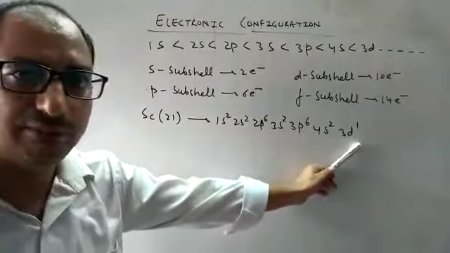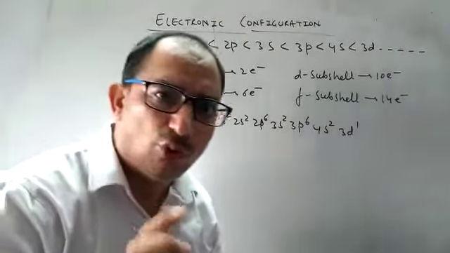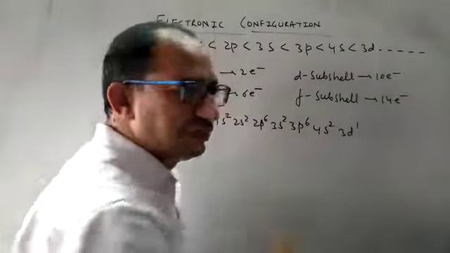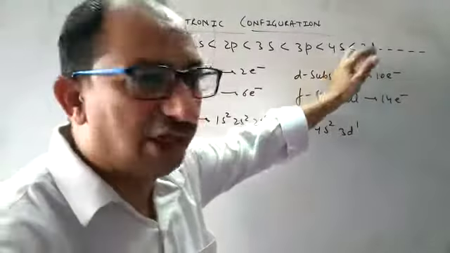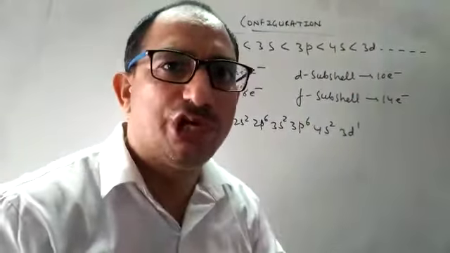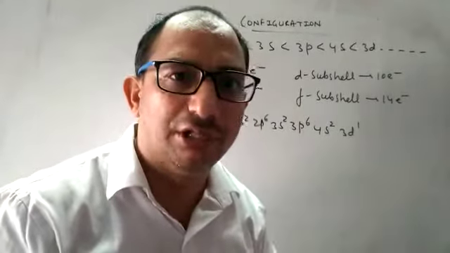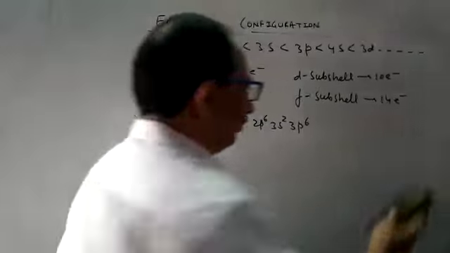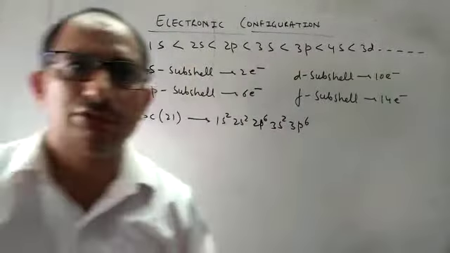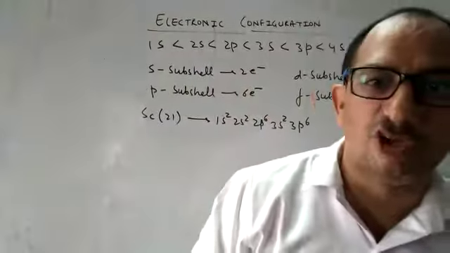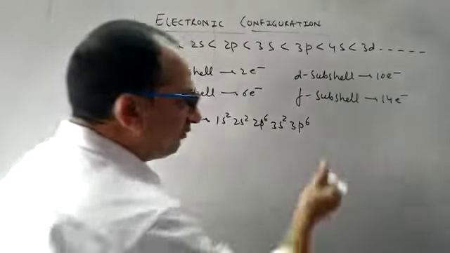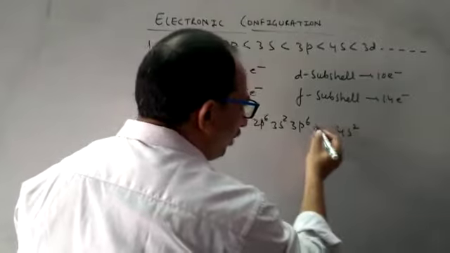But it looks a little bit odd that 3d is coming after the 4s. No doubt 4s has less energy than 3d, so it will fill before 3d. But for our convention, for making things clear when we write the configuration of ions so that we can't make any mistake, we write in this way: 4s2, 3d1.